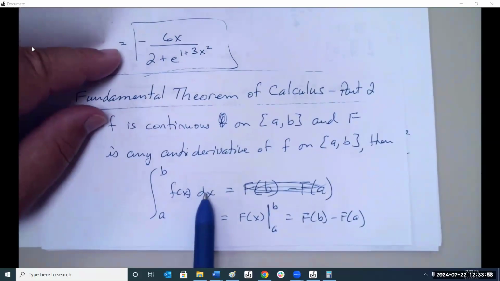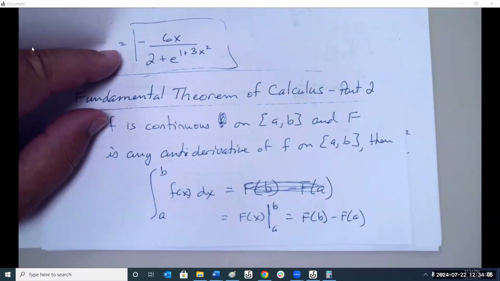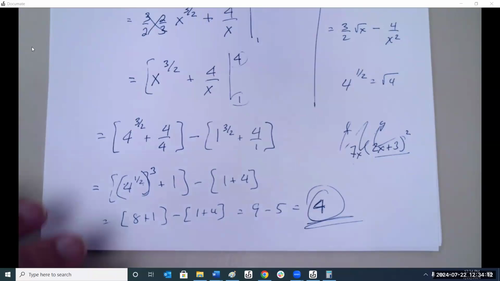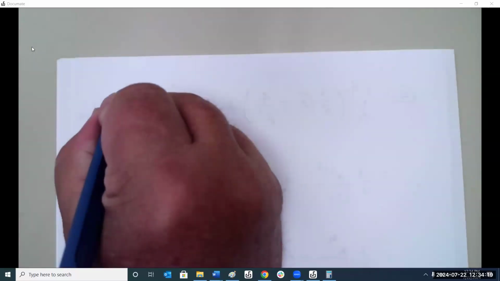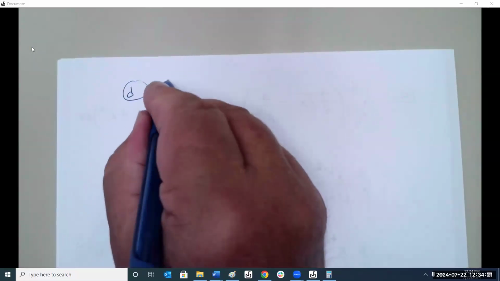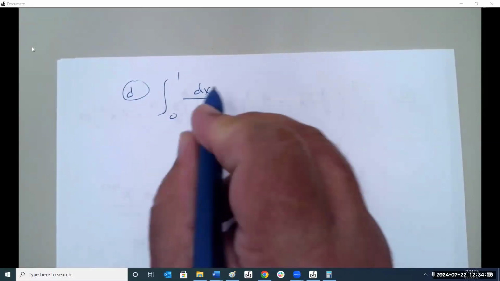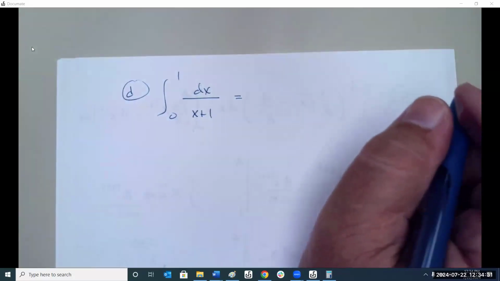So we start off with our integral, we get our function, our antiderivative, and we go from b to a. So that's what this becomes. Now the integral from 0 to 1 of dx over x plus 1.